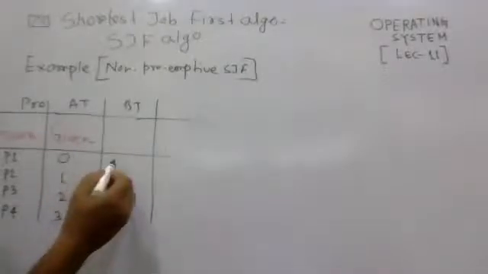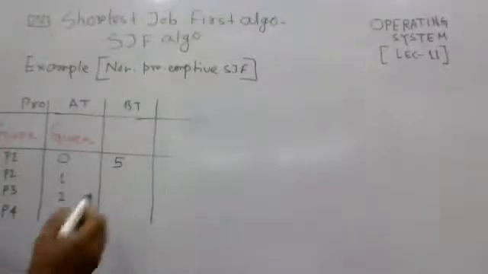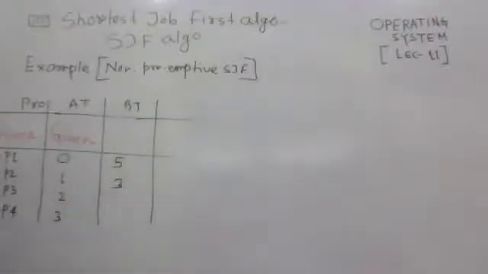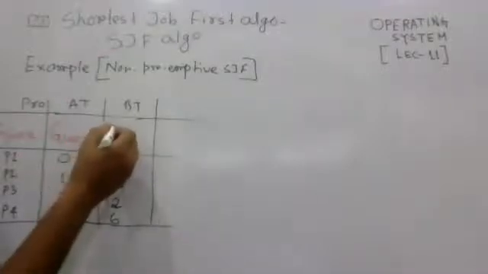And burst times are also given: 5 units for P1, 3 units for P2, 2 units for P3, and 6 units for P4.